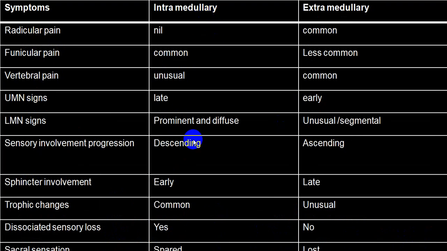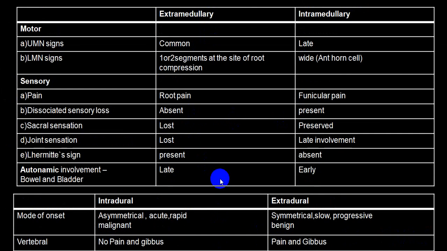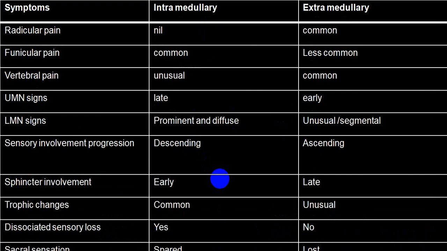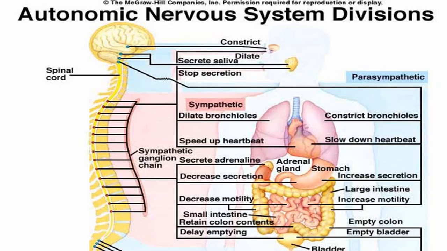Whatever we have mentioned before is mentioned again. At your leisure, you can go through radicular pain, funicular pain, vertebral pain, upper motor neuron and lower motor neuron signs, sphincter, trophic changes, and dissociated sensory loss. Sacral sensation will be spared in an intramedullary lesion. It will be first involved in an extramedullary lesion. All those we have discussed.